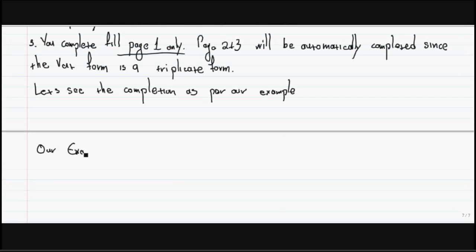Just to remind you that in our example, we have the following figures. VAT input equals 19 euros because of our purchases.